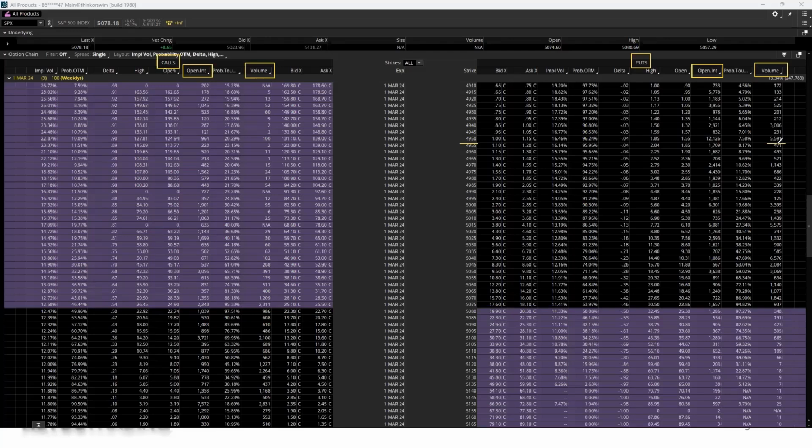It doesn't matter if the contracts are bought or sold, or if it's a call or a put. If there's a trade at a strike, it's going to affect the volume. It's basically how many contracts have changed hands between buyers and sellers on that day.